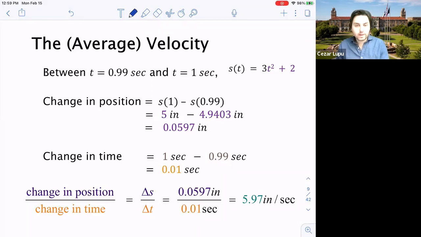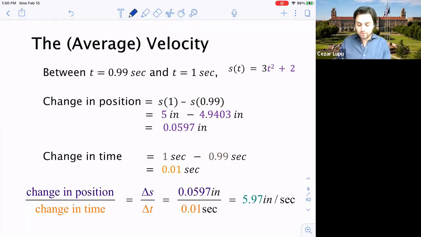Well, again, for the same function, between 0.99 and 1, the change in the position will be s of 1 minus s of 0.99. So it will be, again, s of 1 is 5, and s of 0.99 will be 4.9403.